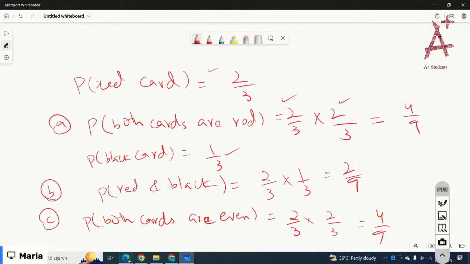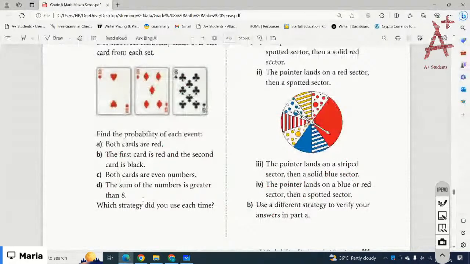Okay, the next one is the sum of the numbers is greater than 8. The cards you have are 2, 5 and 8. So 2 plus 5 makes 7 and 2 plus 8 makes 10.